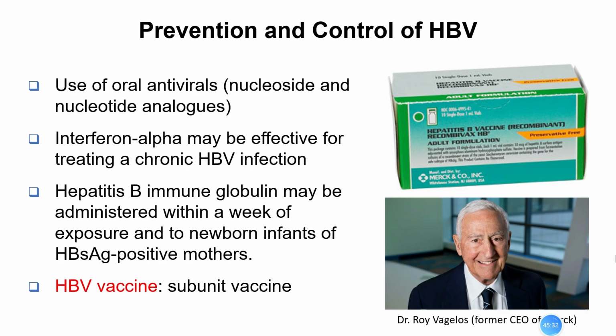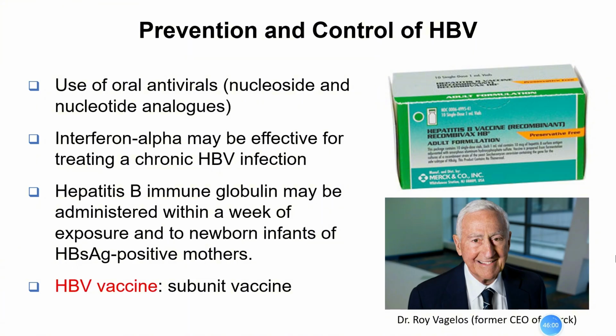Okay, there are medicines available to treat HBV infection, such as oral antiviral medicines. Usually they contain either nucleoside or nucleotide analogs. We learned that before. We can use them to inhibit HBV replication.